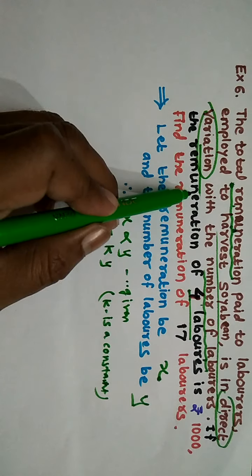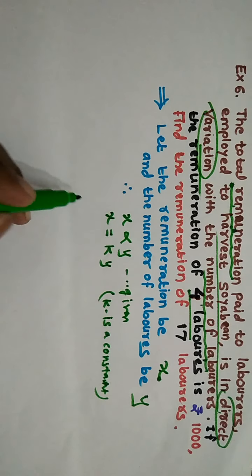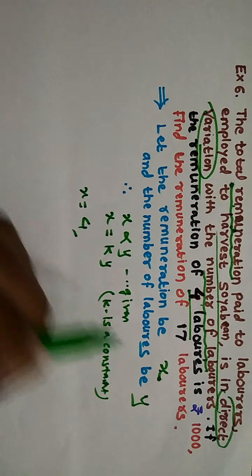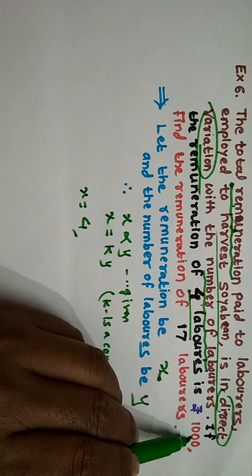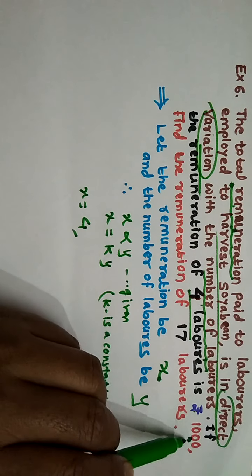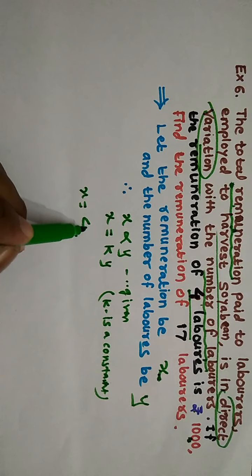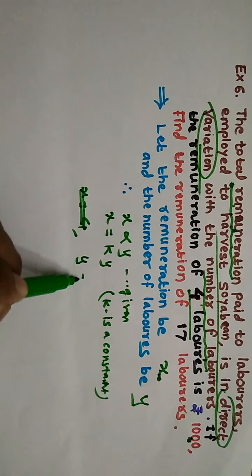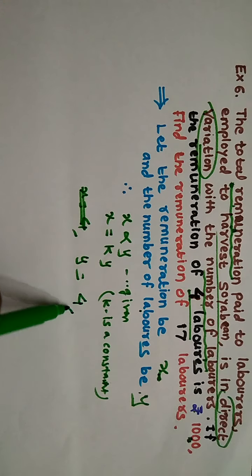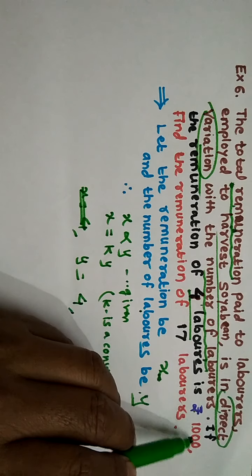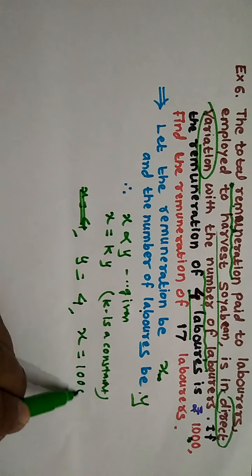If the remuneration of 4 laborers, remuneration x, is 1000 rupees, then laborers denoted by y has value 4, and remuneration x is equal to 1000.